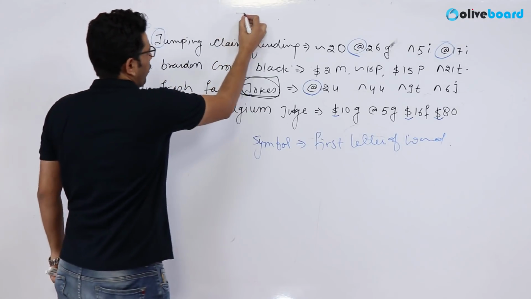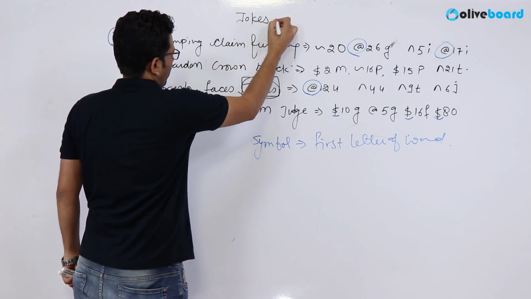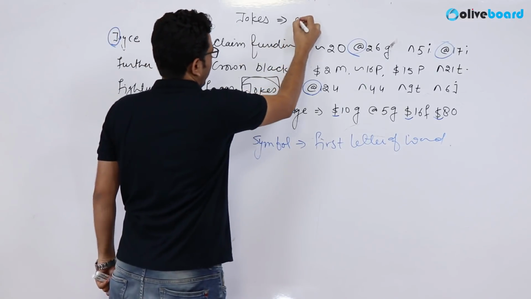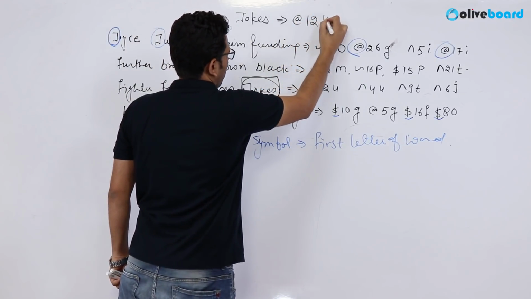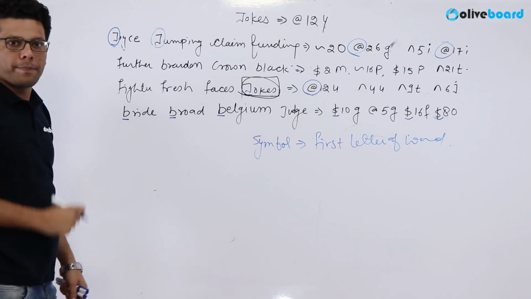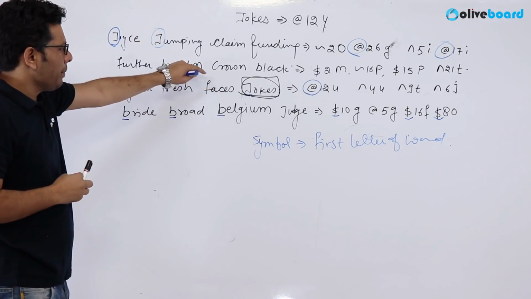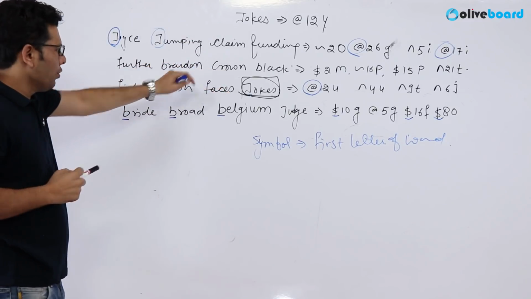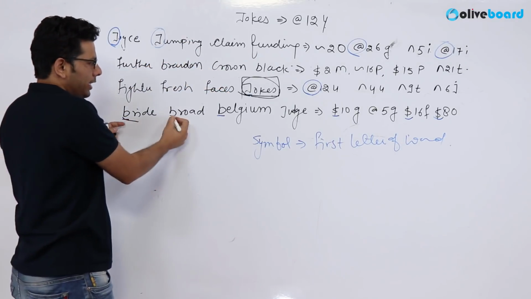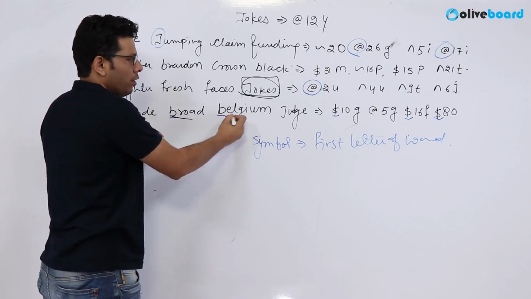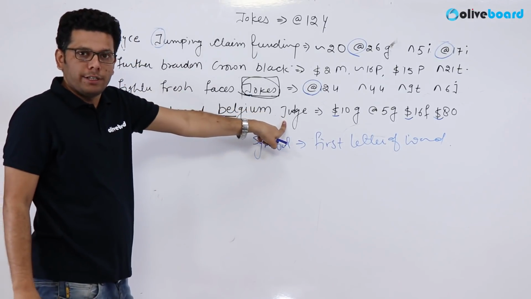Okay, so I can use the jokes. So what is the code for the jokes? That is the at the rate 12. Okay, this is it? Or anything may be there. We can take any one more. Similarly, there are 3 times the B. So what would be the code for the judge?